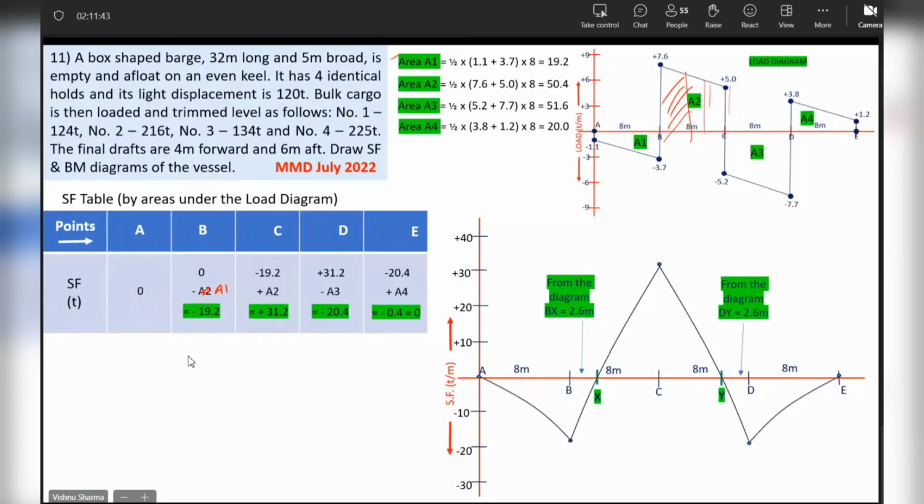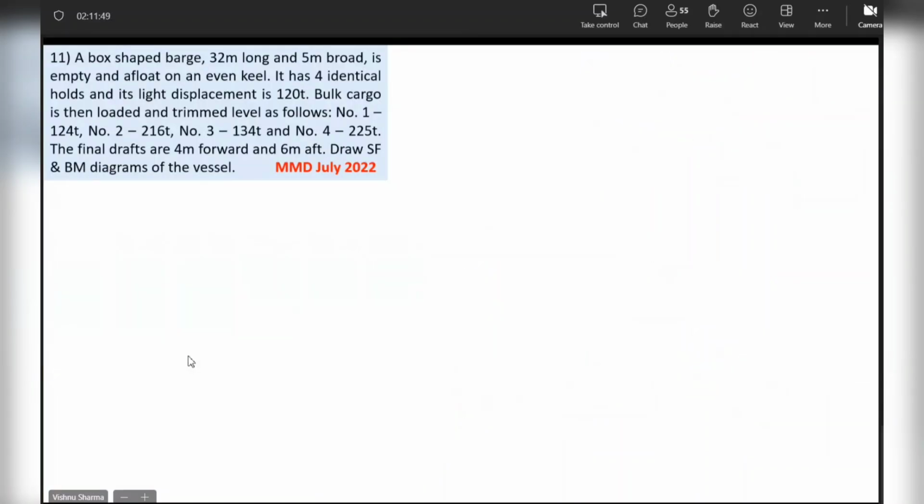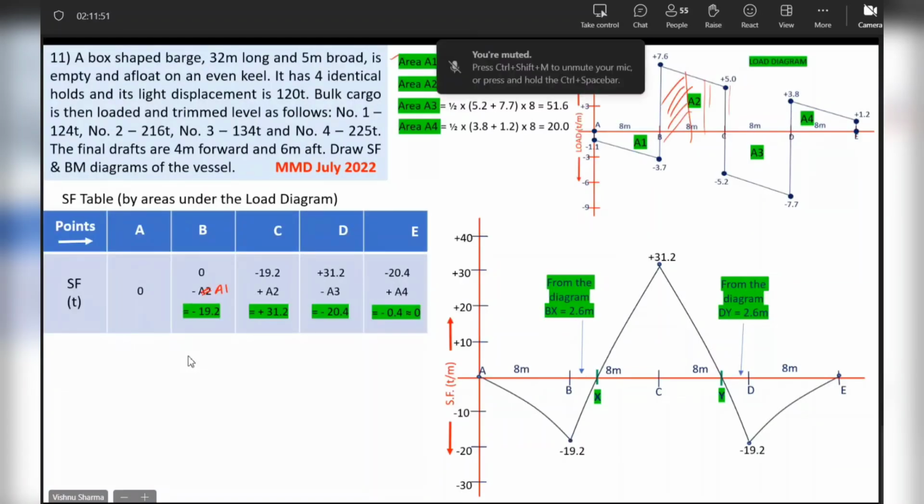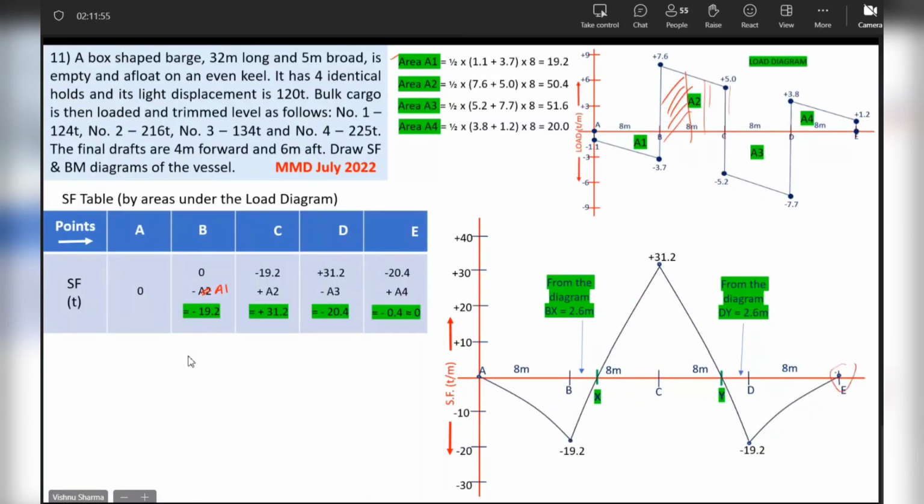Okay, now in this diagram, guys, when you go to BM, so we put these values here before I go to the next page. In this SF diagram, if the BM at E has to be 0, then what do you mean? That means this area should be equal to this much, yes or no, beta?